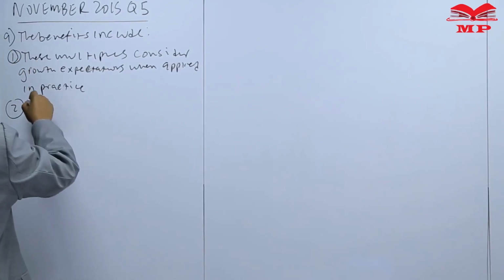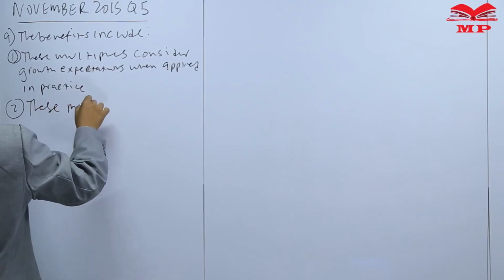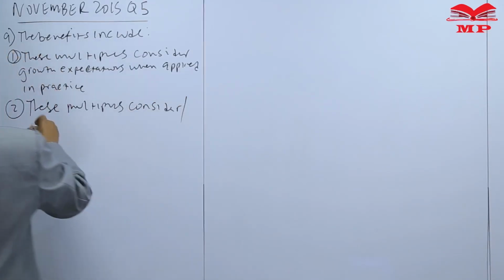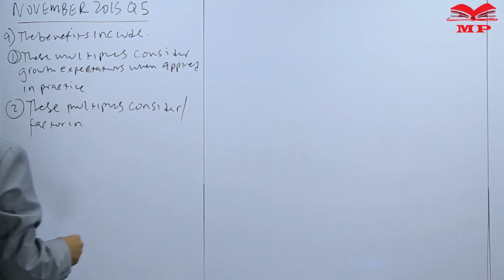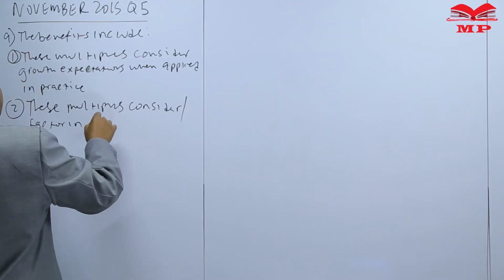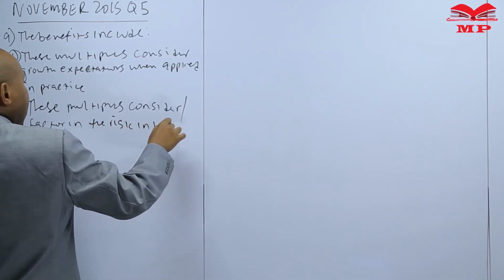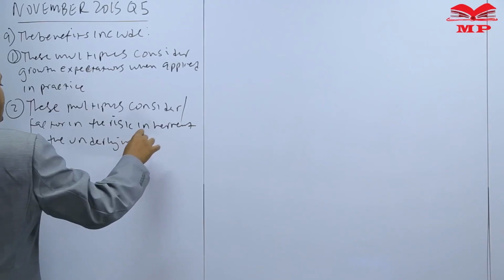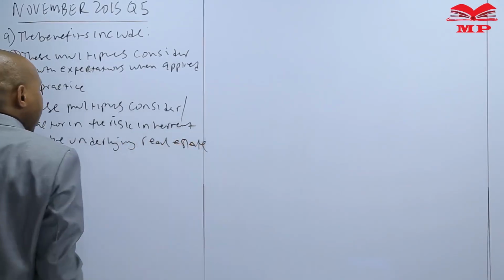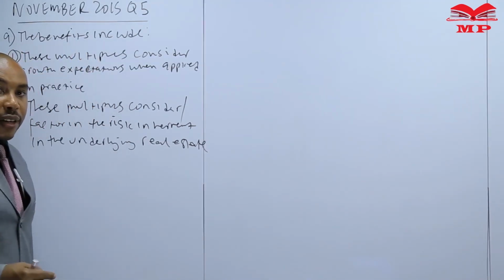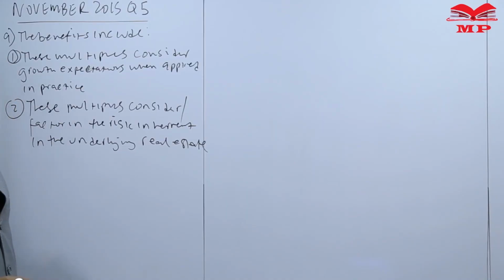Number 2, we are saying that these multiples factor in the risk inherent in the underlying real estate, which is a very key component, because if you don't factor in the systematic risk inherent within real estate, then it will not be reflective of the expected return.